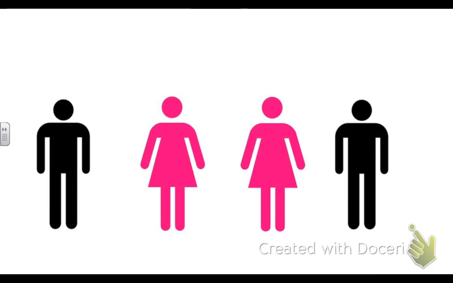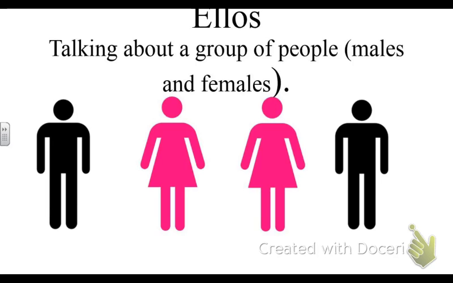You're talking about this group. Ellos. Now if you were talking to them, once again, you would use ustedes, or if you could use the Spain form, you'd use vosotros. Like I said, I'm not going to test you too heavily on vosotros.